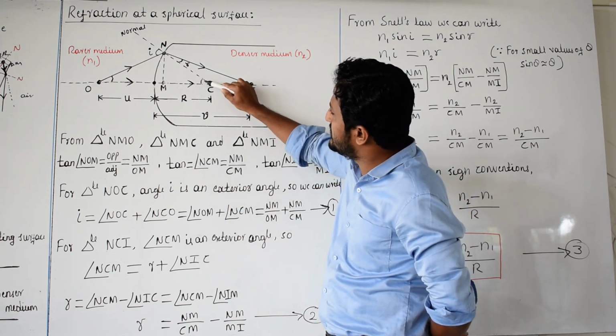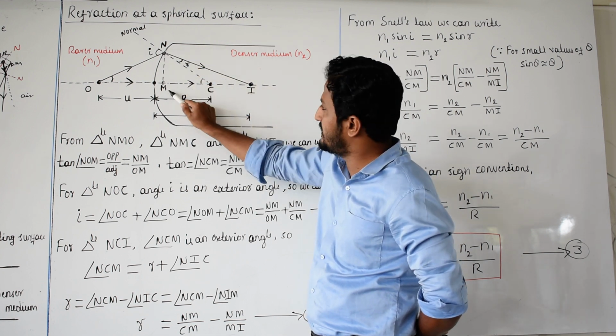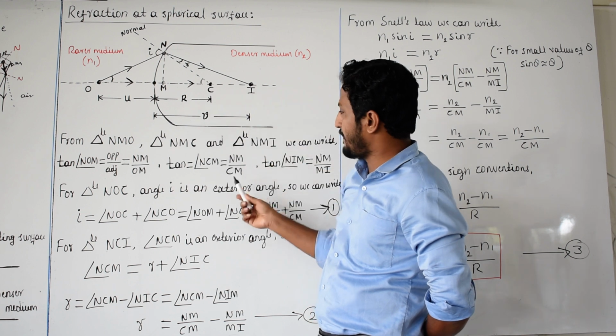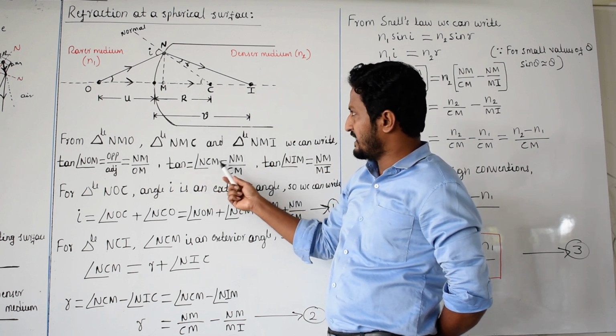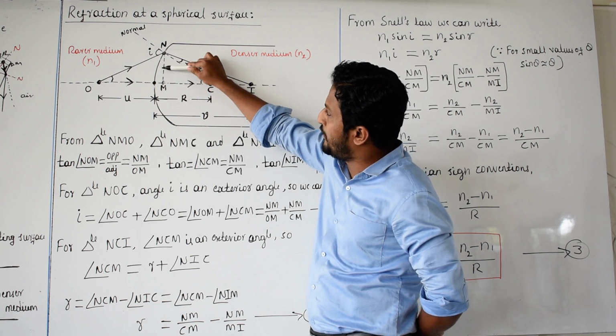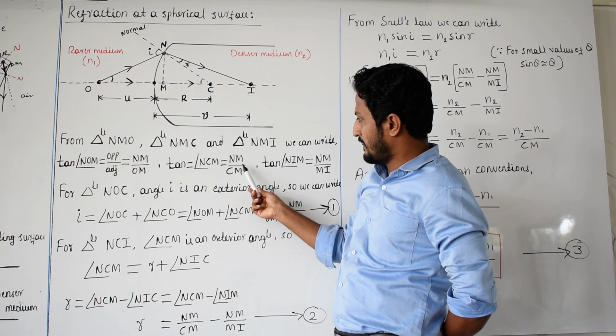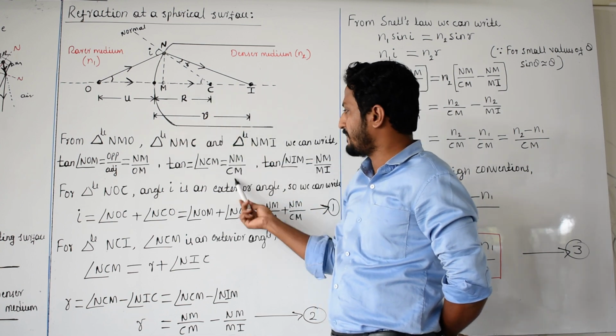NM is opposite, adjacent is MC or CM. So tan of NCM, tan of this angle, is equal to opposite by adjacent: NM by CM.